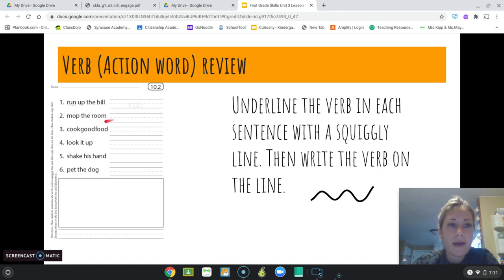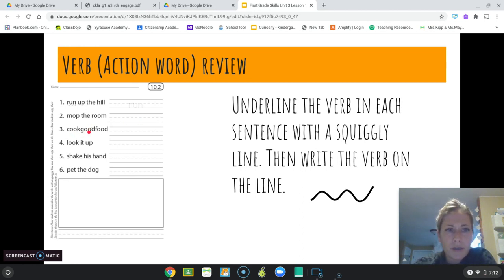So let's look at number 2. Mop the room. Which word is the verb or action word in mop the room? Mop, right? If we mop the room, mop is our verb or action word, so we would write mop on the line right here.